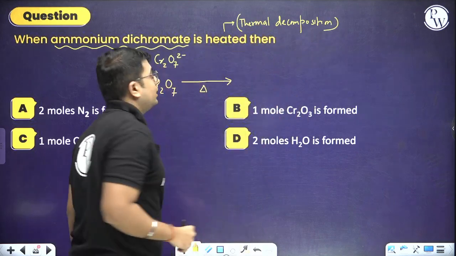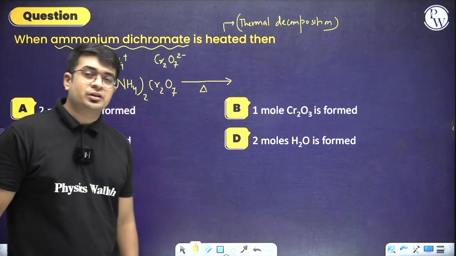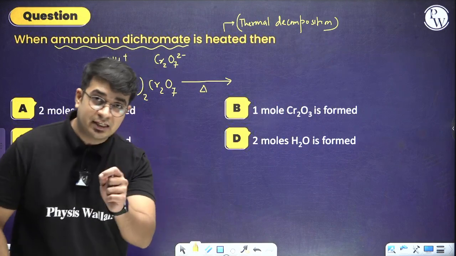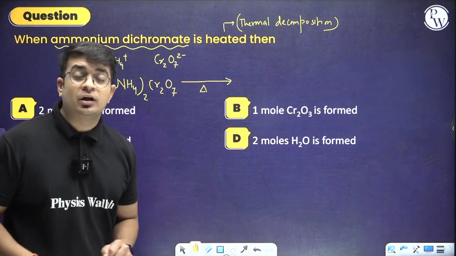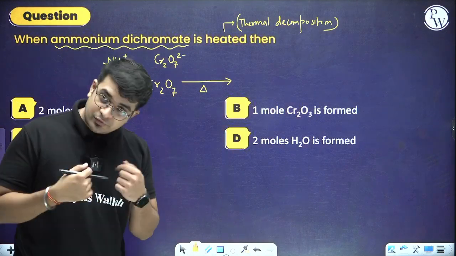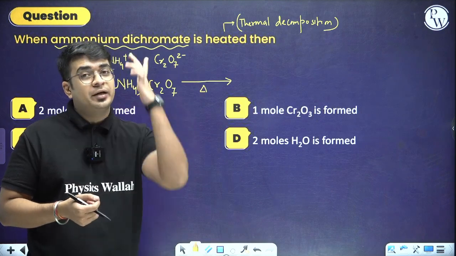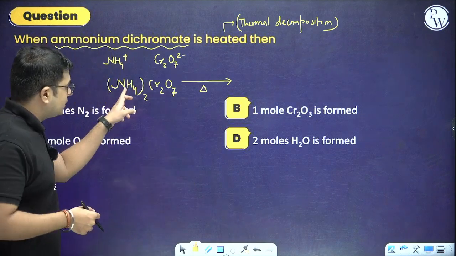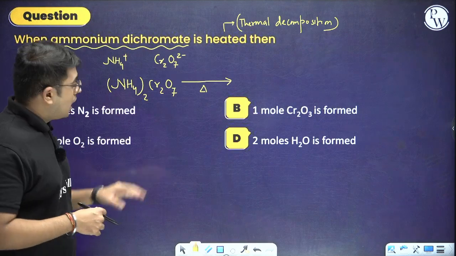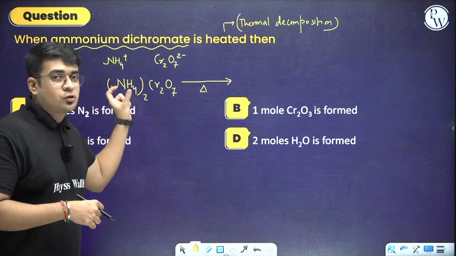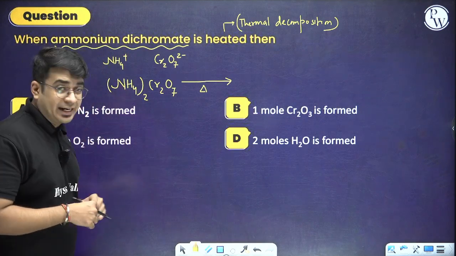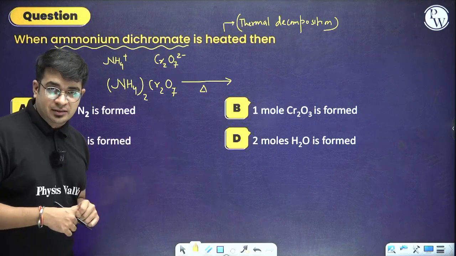Whenever there is a question related to thermal decomposition and you can see hydrogen and oxygen in the compound, try to remove water first, because whenever you are heating, water is going to be removed immediately. In this case, you can see hydrogen and oxygen. How many water molecules can you remove? Just look at the hydrogen. You have 8 hydrogens and 7 oxygens.